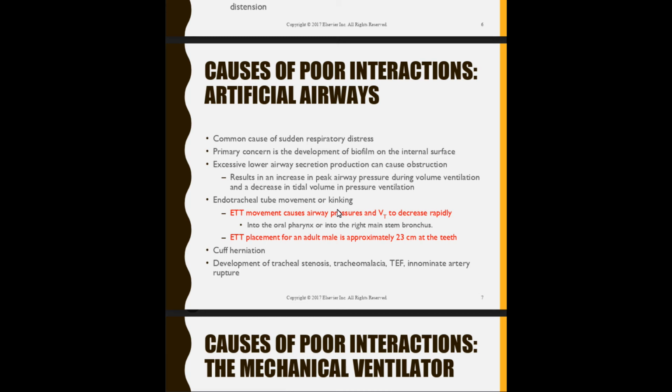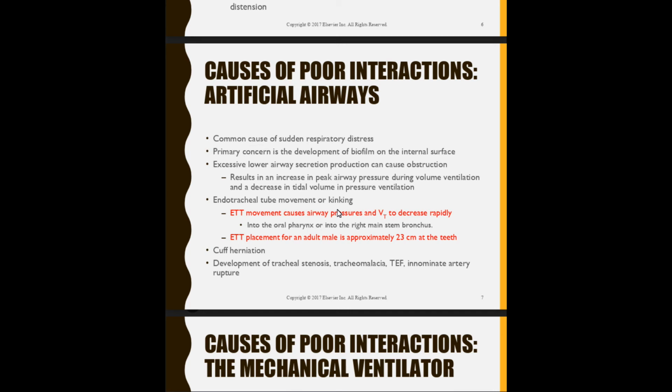One of the concerns you have to think about, and this is where oral care comes into play, or any type of care, is the development of biofilm. Biofilm is like a small or thin layer of bacteria around certain areas.